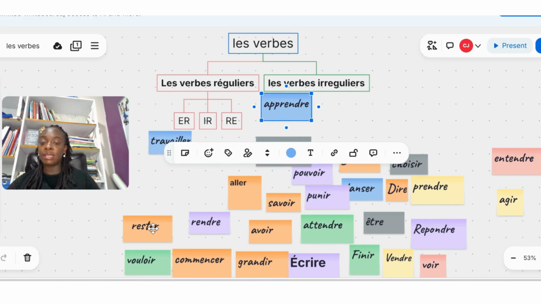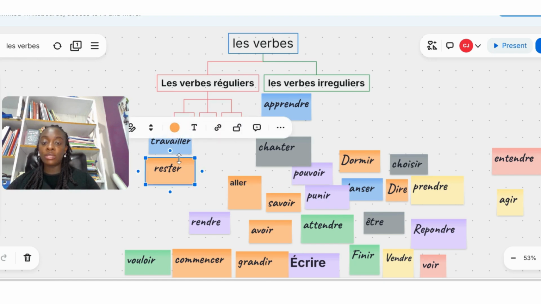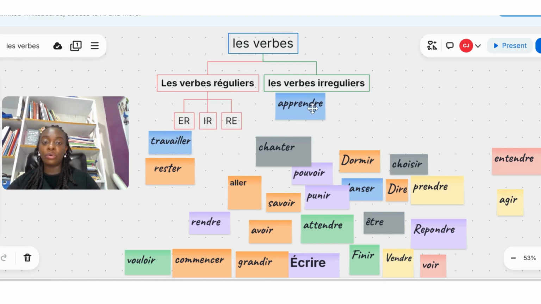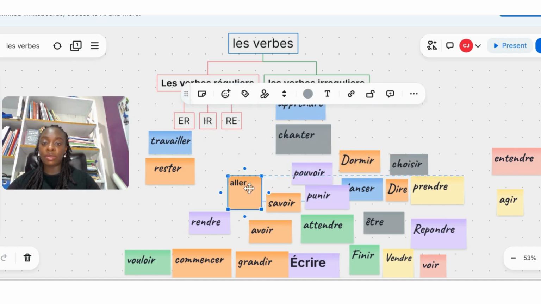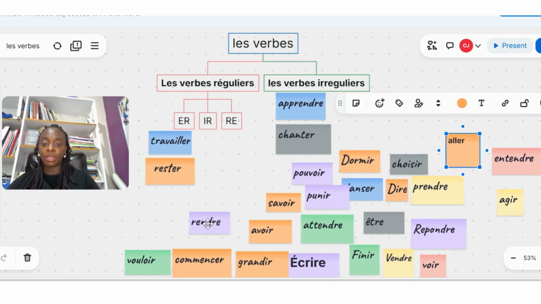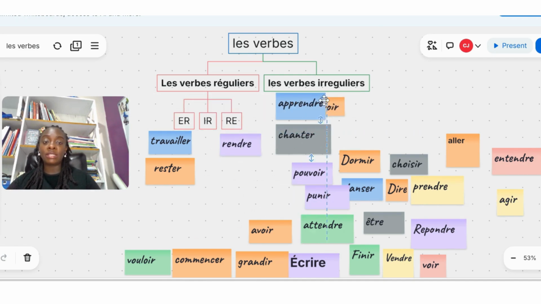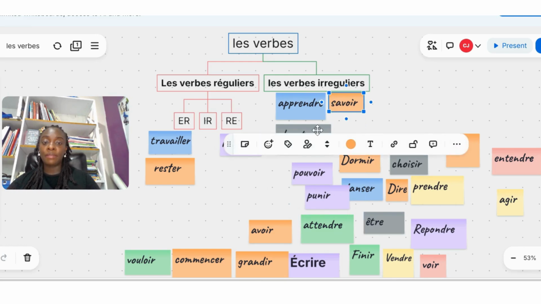Rester, it's ending in ER, alors c'est un verbe en ER. Rendre est un verbe en RE. Rendre is an RE verb, so I'm going to put rendre là-bas. Savoir is irregular, so savoir will go there.